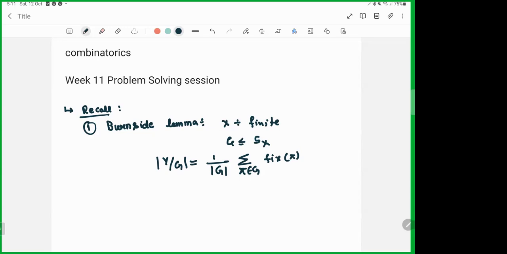Then, after this, we did a theorem which is a corollary of this result.